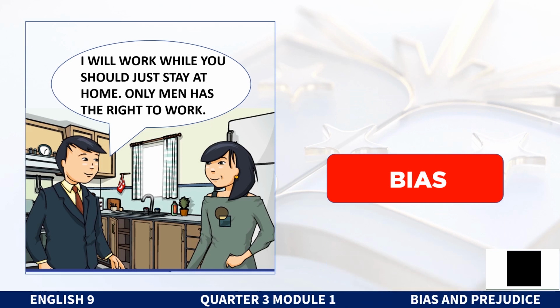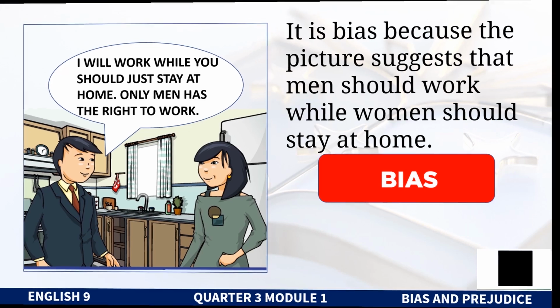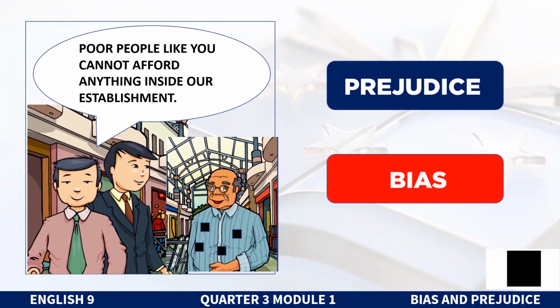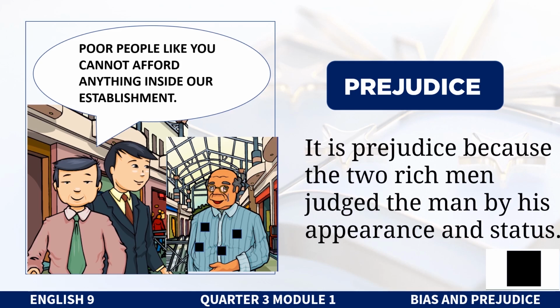If your answer is bias, then you are correct. It is bias because the picture suggests that men should work while women should stay at home. The correct answer on number 3 is prejudice.